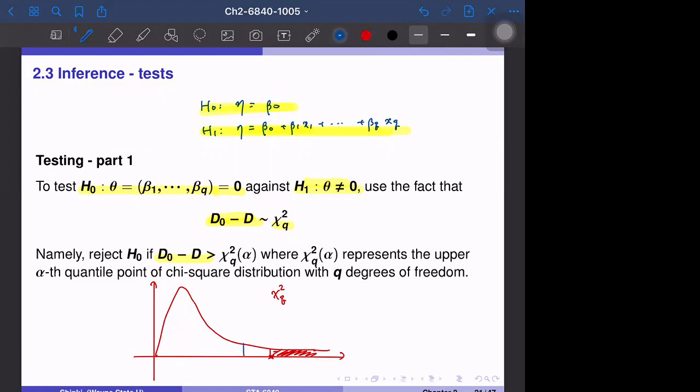For example, if this area is 5%, or in general alpha, and our test statistic is larger than this chi-square q of alpha, then we reject the null hypothesis. So if the test statistic is to the right of this threshold, we reject the null hypothesis. This is the scheme.